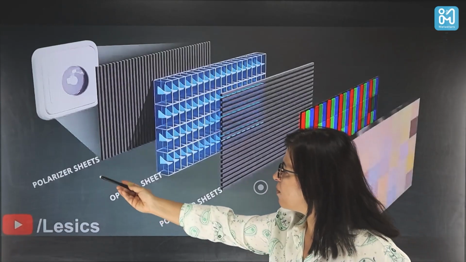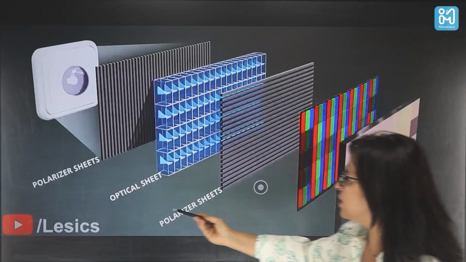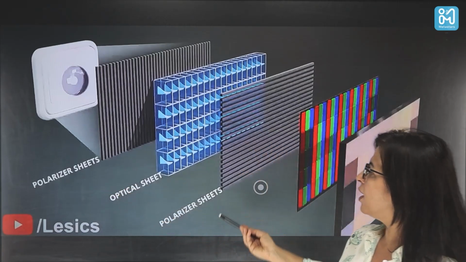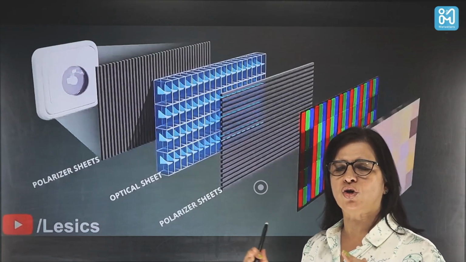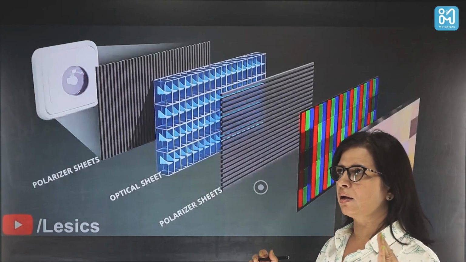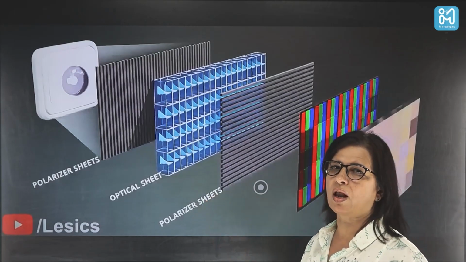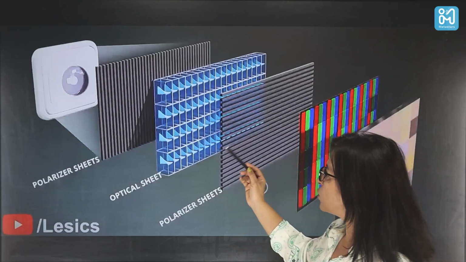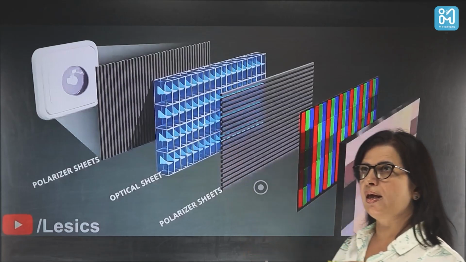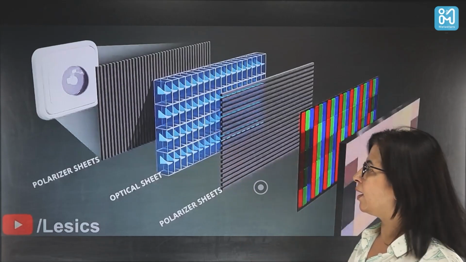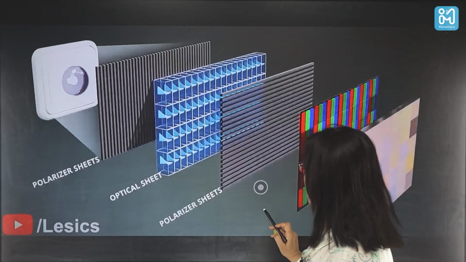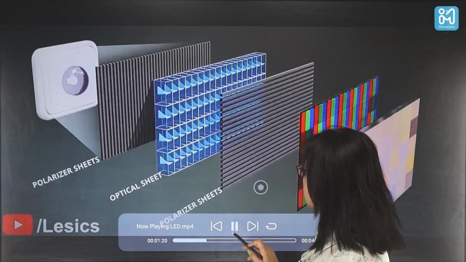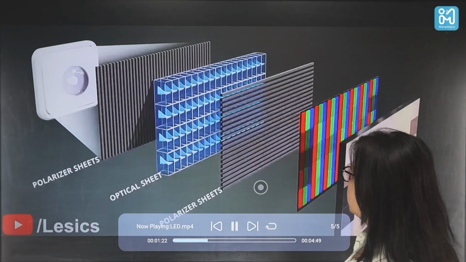We also have something called polarizer sheets. Those polarizer sheets control the beam of the light, to make it more controllable, which you will see now what I mean by this. Let's continue.